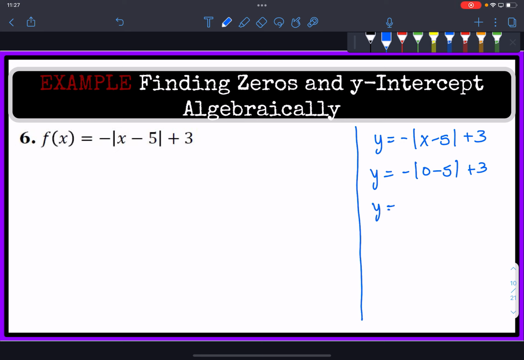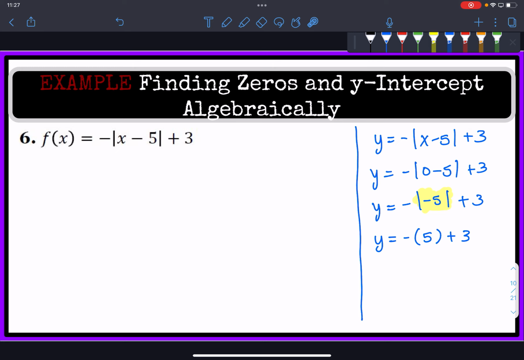For this example, we work inside the absolute value symbol first. So that's going to give us negative 5. Now the absolute value makes everything positive. So this negative 5 is going to become a positive 5. I've replaced the absolute value symbol with parentheses, and the only reason I did that is because of this negative 1 that we have on the outside.